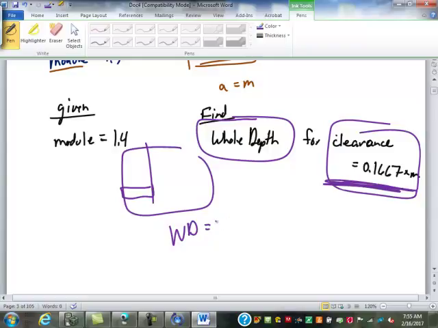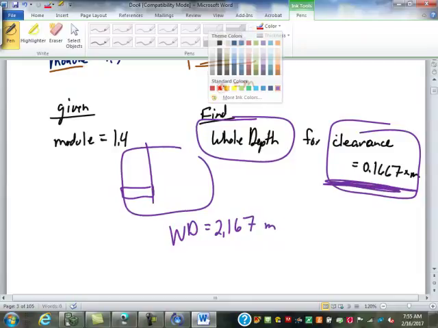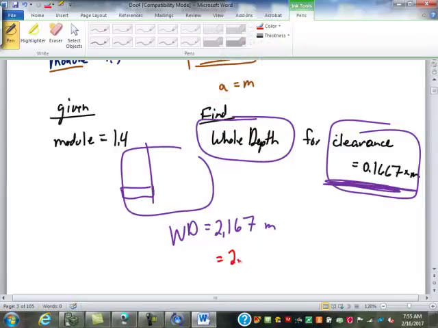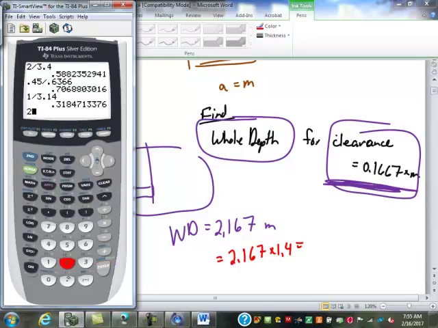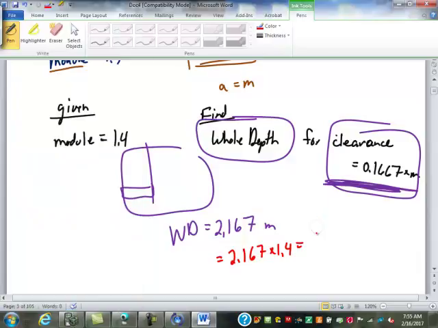The whole depth is 2.167 times M. So 2.167 times 1.4, which is 3.034, is our whole depth.